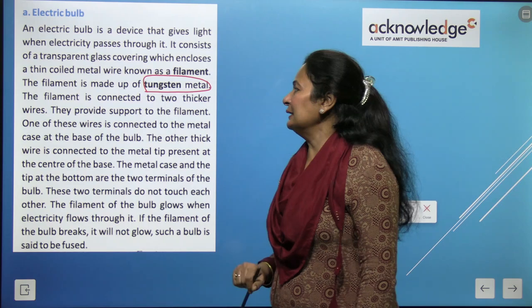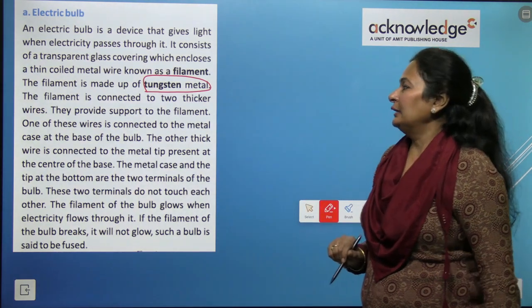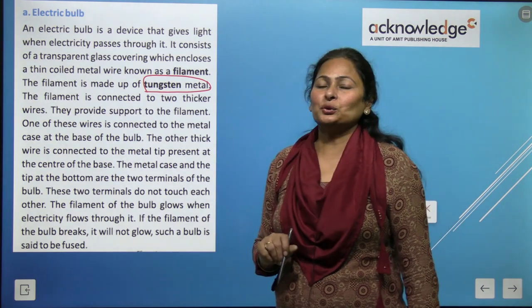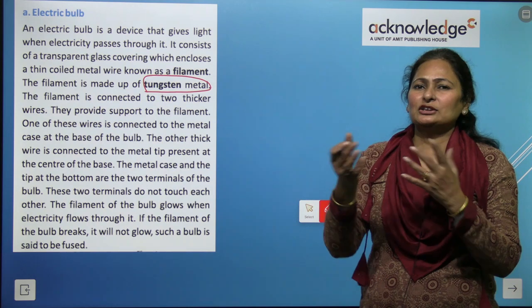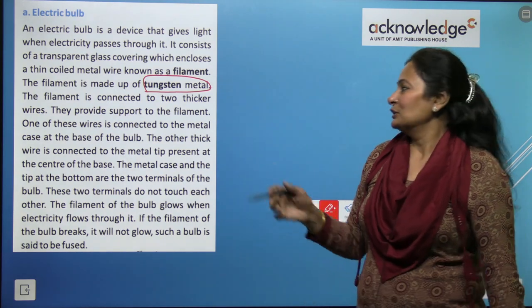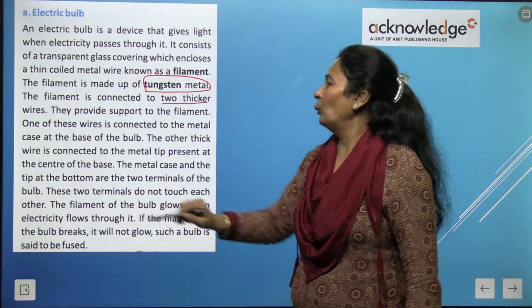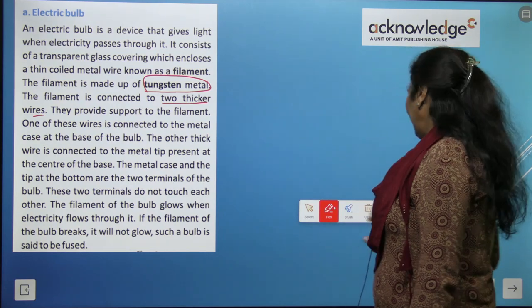The filament is connected to two thicker wires. They provide support to the filament. What will happen if it does not have support? It will fall down. Then how will it glow? So the two thick wires provide support to the filament, right?